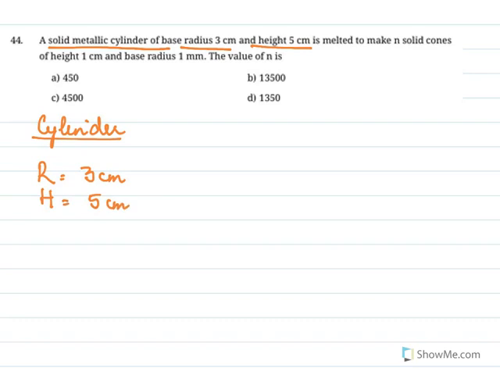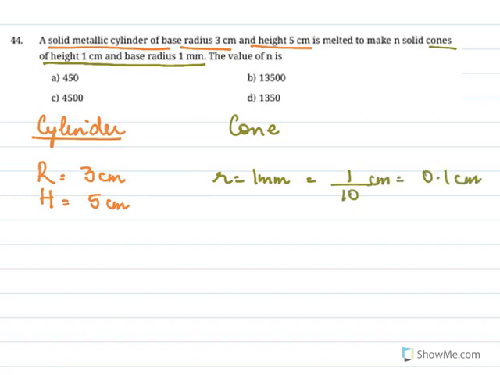Now it is melted to form cones of height 1 and base 1 mm. So we have the cones. Now the cones, they said the radius is 1 millimeter. We got to work in centimeters. So it will be 1 over 10 centimeter. That is 0.1 centimeter. And the height of the cone is 1 centimeter.